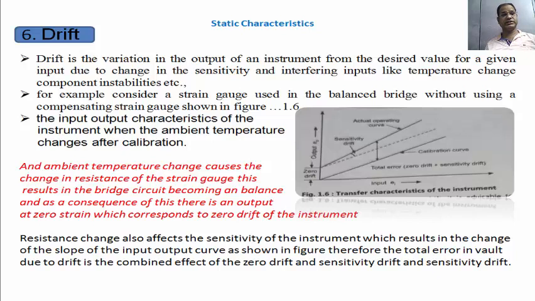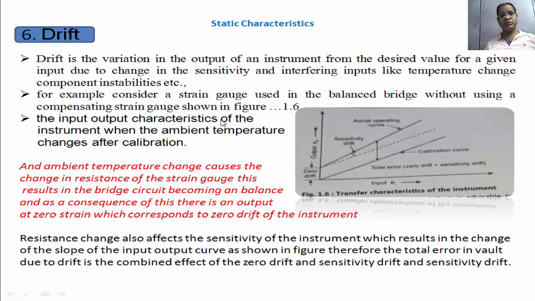Then the next static characteristic, drift. Drift is the variation in the output of an instrument from the desired value for a given input due to change in the sensitivity and interfering inputs like temperature change, component instability, etc. For example, consider a strain gauge used in a balanced bridge without using a compensating strain gauge, as shown in the figure.